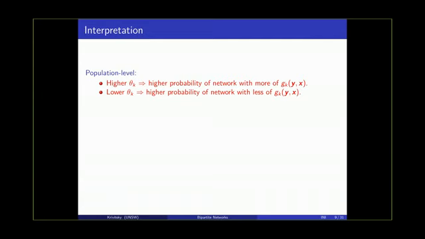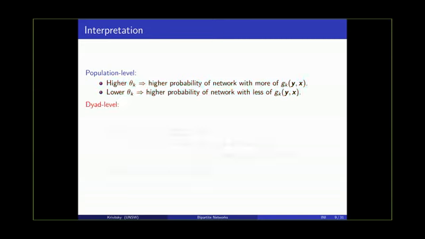So if theta k corresponds to the number of edges, then that'll increase that. I almost think of it as having a number of dials, one for each network feature. And you turn the dial to increase that feature or decrease that feature. It might also affect other features of the network, but you can adjust them down to get the configuration of features that you want to see in expectation.